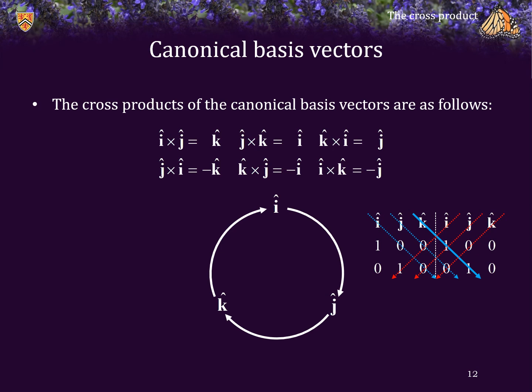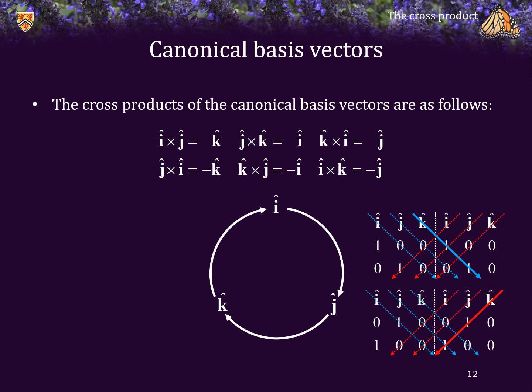The rotation is as per a clock, and i cross j follows the arrows, so we get to k. j cross k equals i, and k cross i equals j. On the other hand, if we go counterclockwise, j cross i, therefore the result will be negative k.